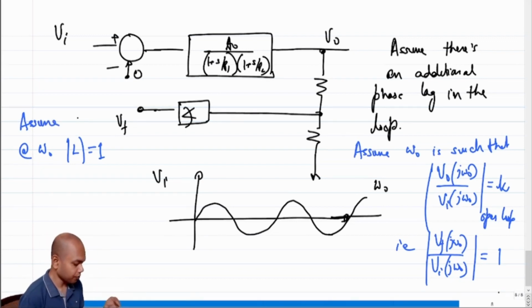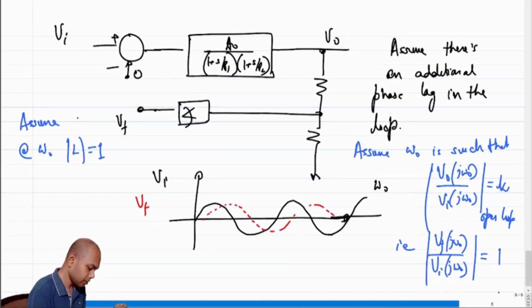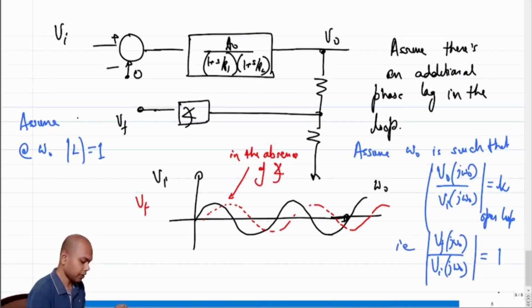So in the absence of this additional phase, we would have had some phase lag, right? But the key thing is that the amplitude of the Vf would have been exactly the amplitude of the input, because by definition, we are operating at that frequency where the loop gain is 1. So maybe our Vf would have been something like this, in the absence of extra phase.